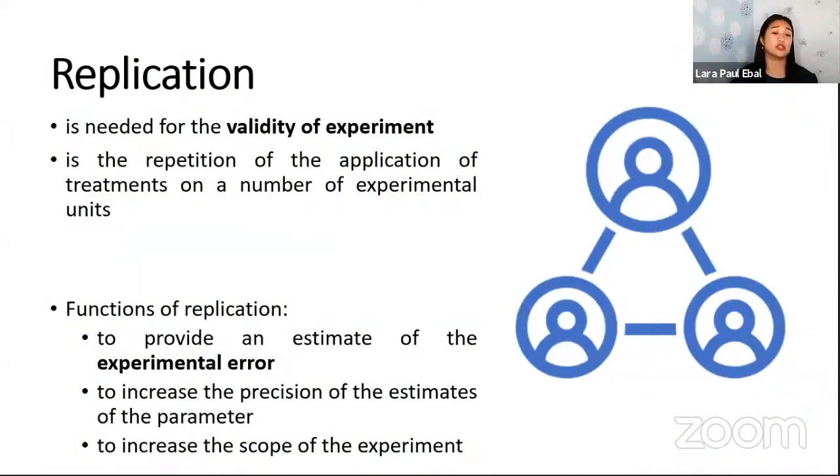So it's needed for the validity of the experiment. Okay. It is the repetition of the application of treatments on a number of experimental units. So repetition of the application of a certain level of treatment. Okay, again, recall that we try to apply a certain condition or certain treatment level to several experimental units, okay?